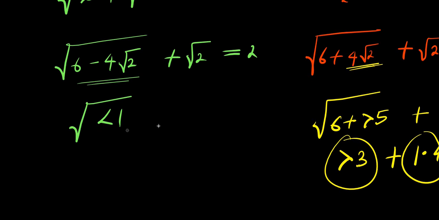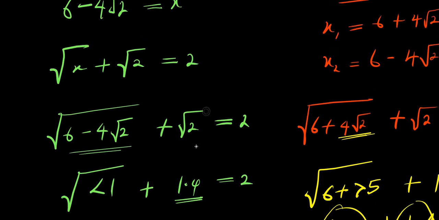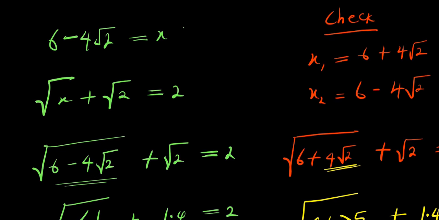So the square root of a number that is less than 1, it will be 0 point something, plus this, about 1.4, and this equals 2. So I'm just assuming that it will be about 0.5, and if you add it to this, approximately you have 2. So this is the closest value for x based on what we have seen. This is 6 minus 4 root 2.